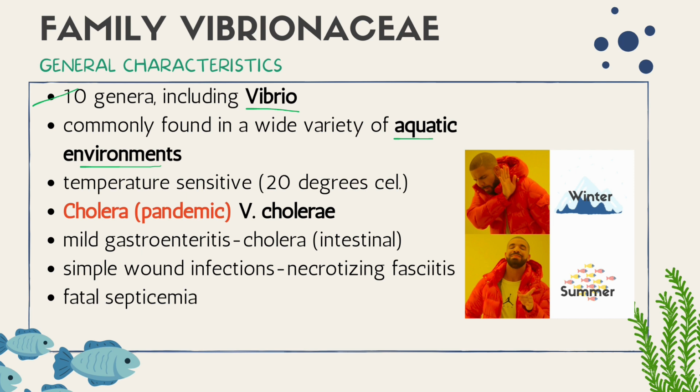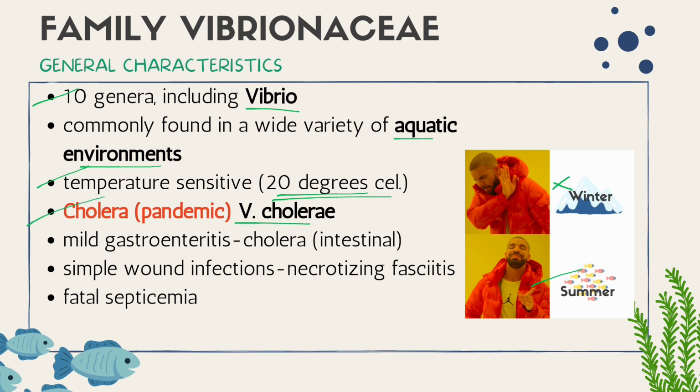They're also temperature sensitive, which means their environment should be at least 20 degrees or more. So that is why their diseases and infections have more cases during summer months than in winter months. So the most common disease that they cause, specifically the Vibrio cholerae species, is cholera, okay?